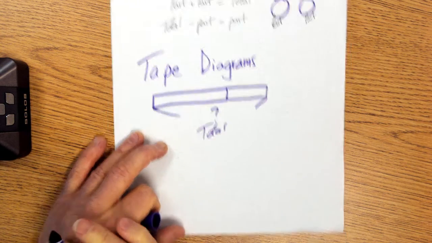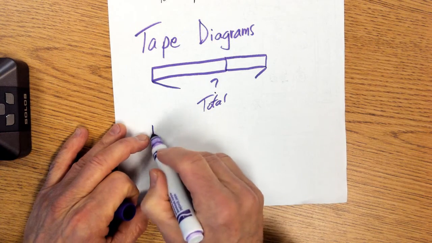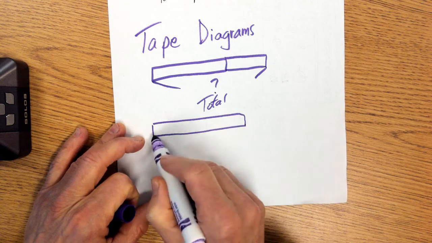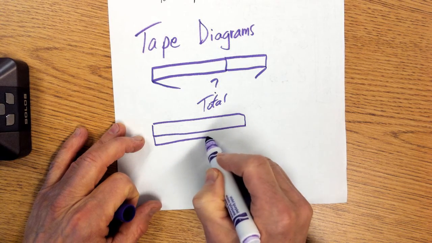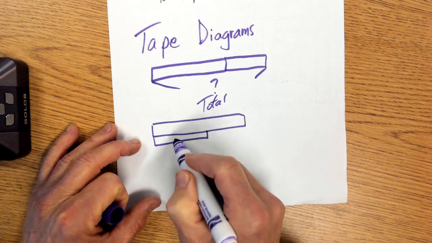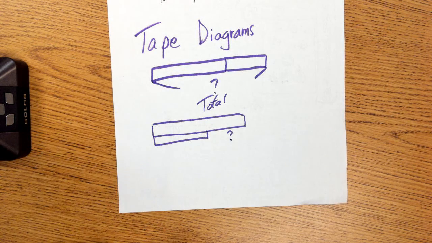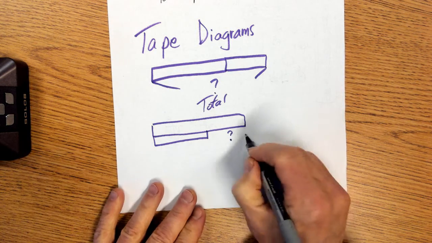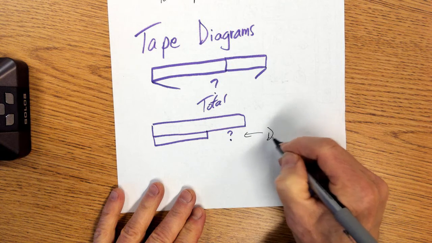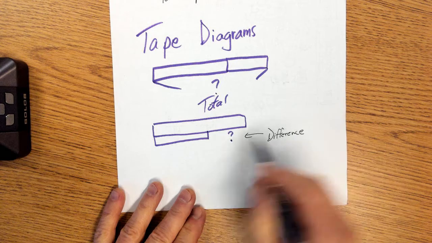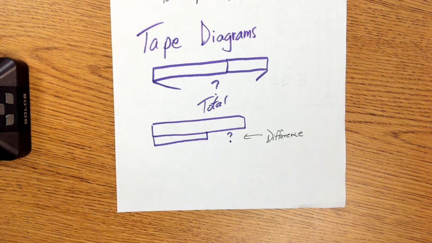On the other hand, sometimes we know the total, the whole number, and we know one part. In that case, we're missing the other part. Sometimes we call that the gap, or sometimes we call it the difference. Again, the tape diagram can help us know, hey, we should subtract right now.